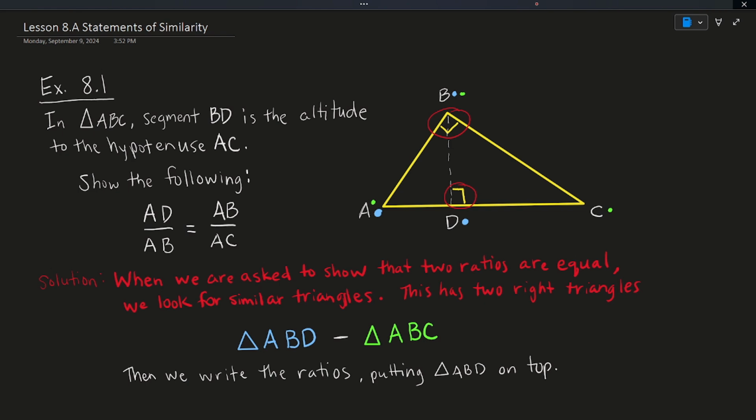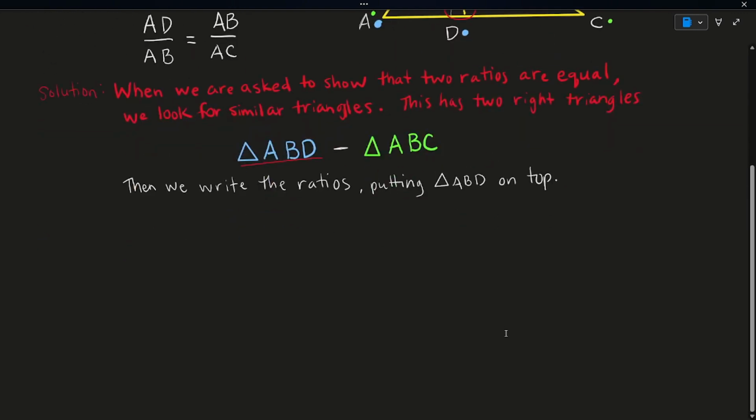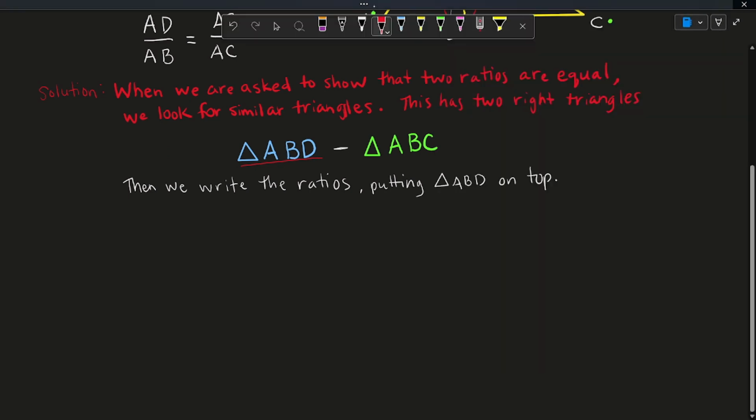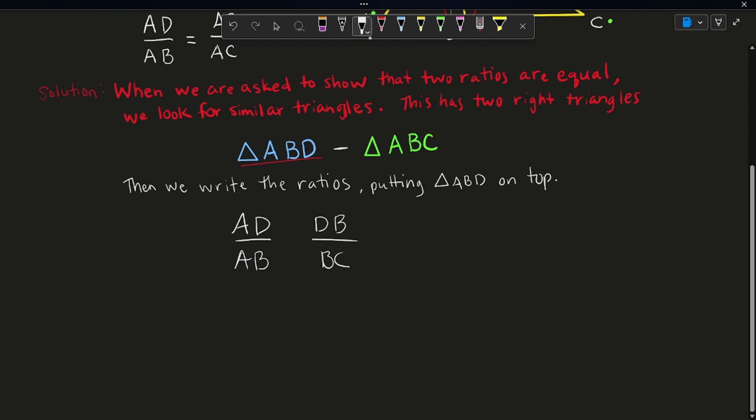And then you're going to write the ratios, putting ABD on top. It's going to be AD over AB, then DB over BC, and then AB over AC.